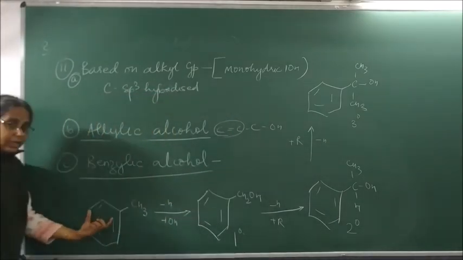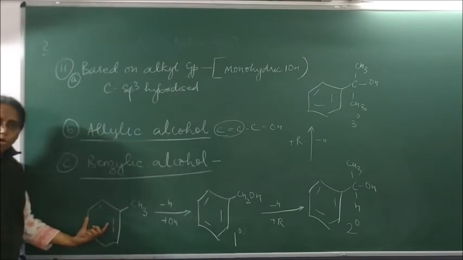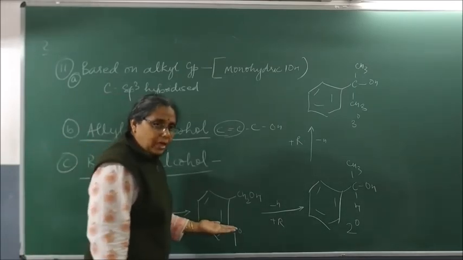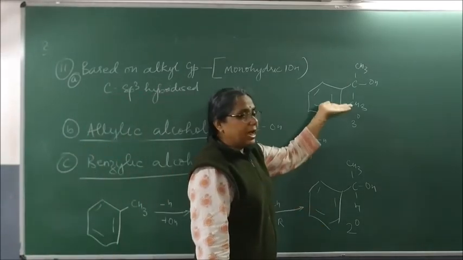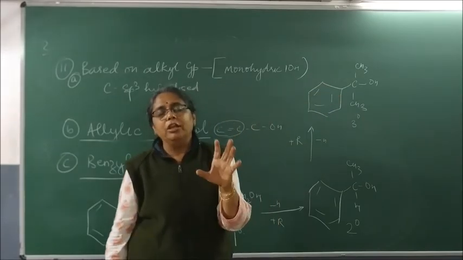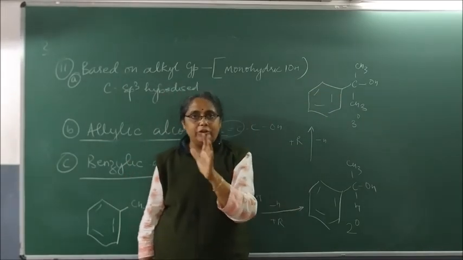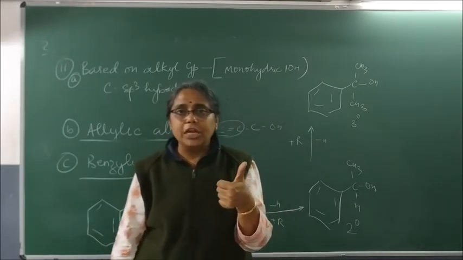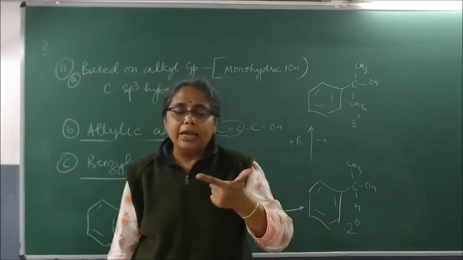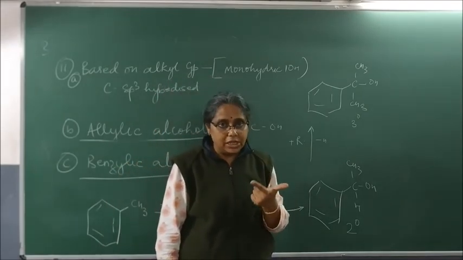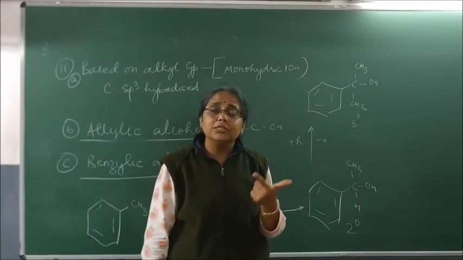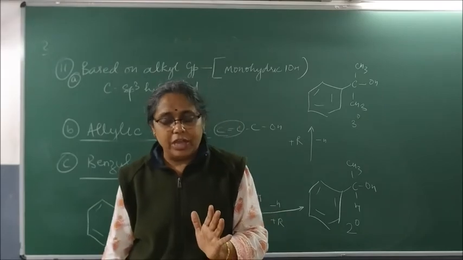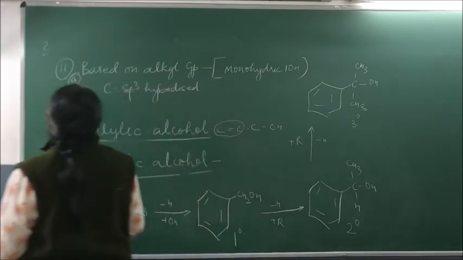Benzylic alcohol is derived from methyl benzene or toluene, where you remove one H and add OH. This can also be primary, secondary and tertiary. So in general, an alcohol which ends with CH2OH is primary alcohol, an alcohol which ends with CHOH is secondary alcohol, and COH is tertiary alcohol.